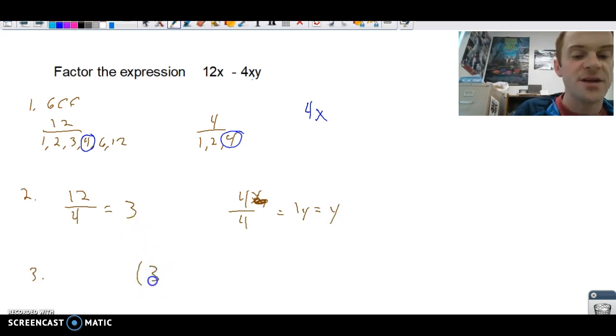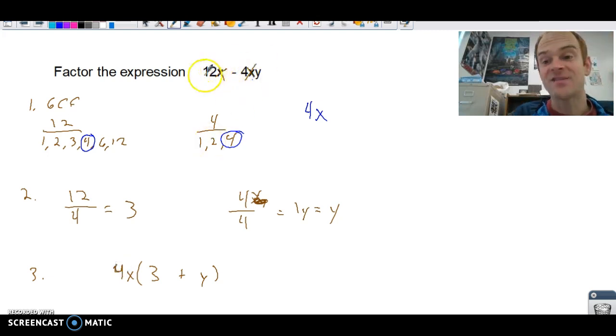I've got 3 and I've got y, because since they both have an x in them, I can take that out. So my greatest common factor is 4x, because I could divide 4 from each number, and I could also take an x out of each term. And so here is my factored expression.